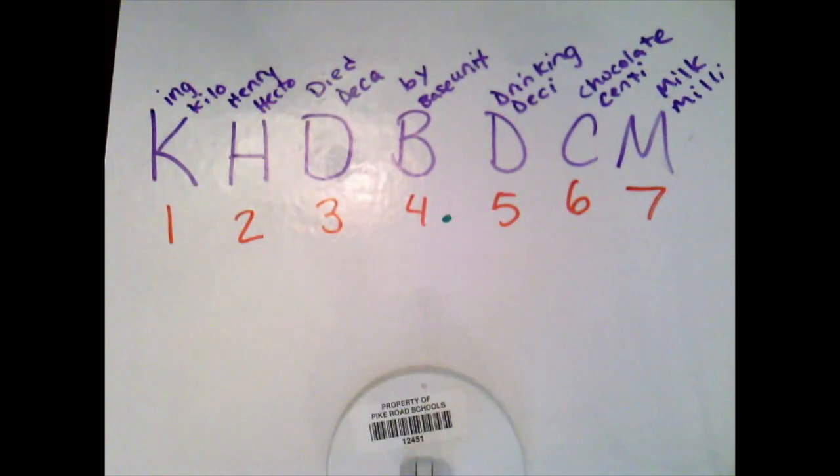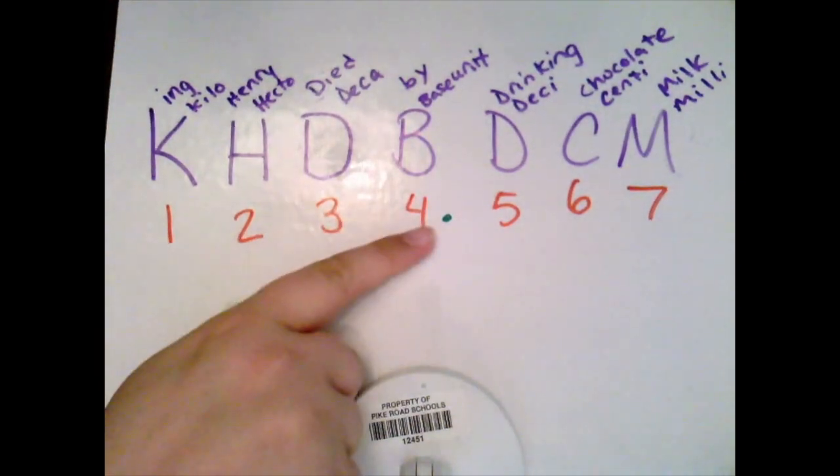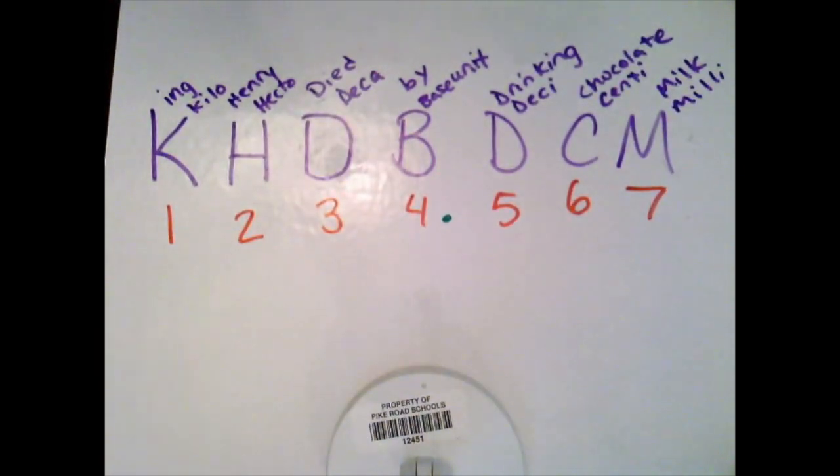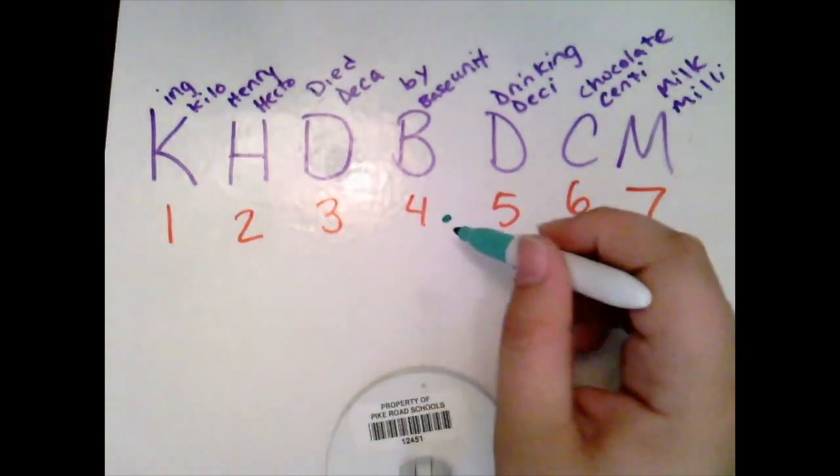I'm going to say that this number, as I read it right now, is 1,234.567 meters, okay? So the decimal point's right here. If I wanted to know how many centimeters that was, I would need to move my decimal point 2 times.